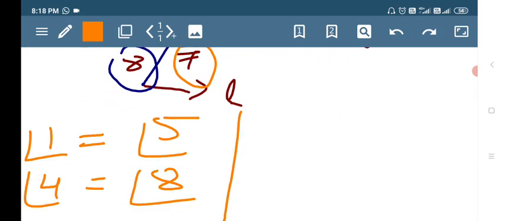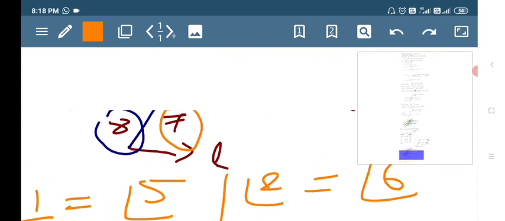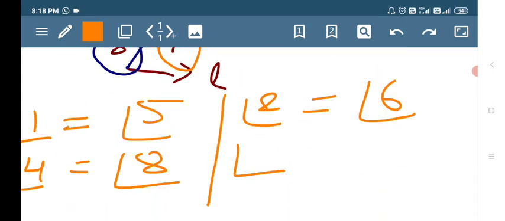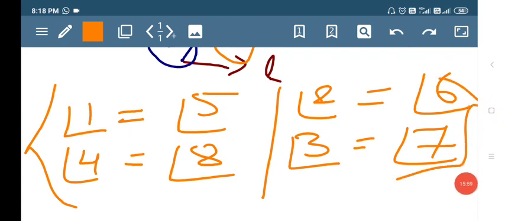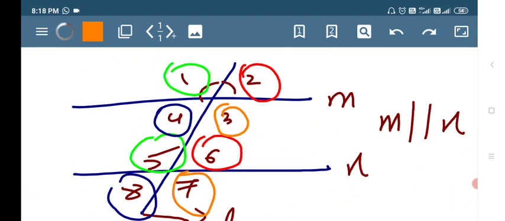Angle 2 is equal to angle 6, and angle 3 is equal to angle 7. These are the corresponding angles, and they are equal. Why are they equal? Because the lines M and N are parallel to each other.